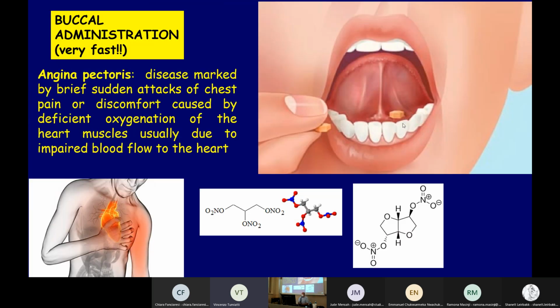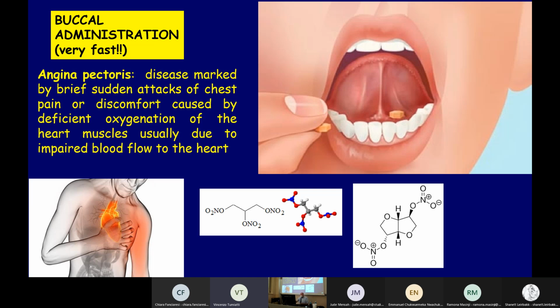Okay, some pictures about buccal administration. You see, you put the tablet under the tongue. In particular, in the case of heart failure, we need nitroglycerin. It is an explosive, yes, but also a potent vasodilator.